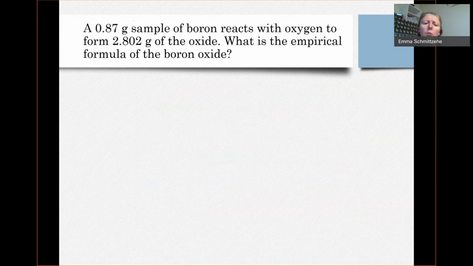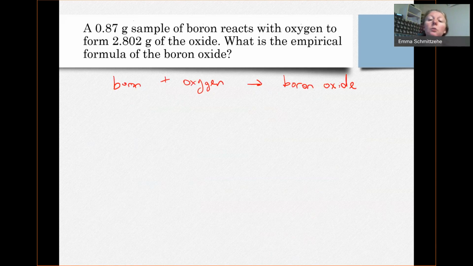And so for this one, I say we take a 0.87 gram sample of boron, and it reacts with oxygen, and it forms 2.802 grams of the oxide, meaning of the boron oxide compound. So what you're doing is you're taking a boron sample, you're adding it to oxygen, and you're forming some boron oxide, and we want to know what that compound is.